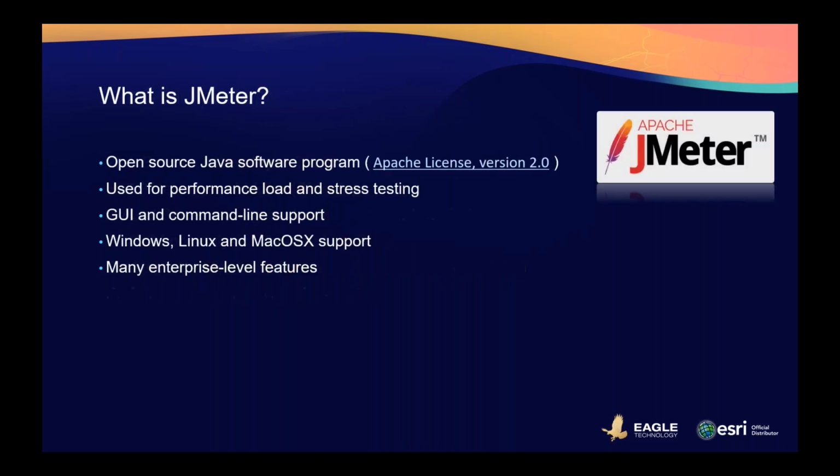It's an open source Java application that pretty much runs on most of the operating systems, on Windows, Linux, and your Mac OS operating systems, used for performance load testing and your stress testing, as I mentioned before. So we use this extensively for those types of tests.